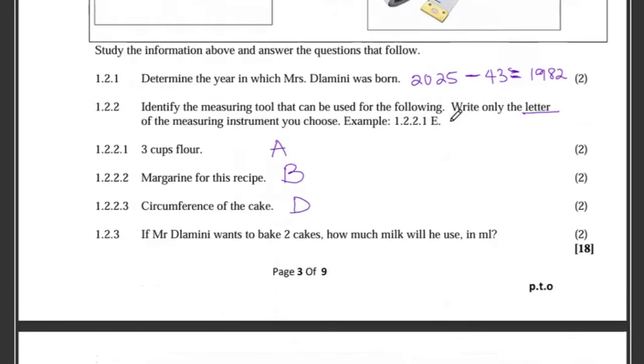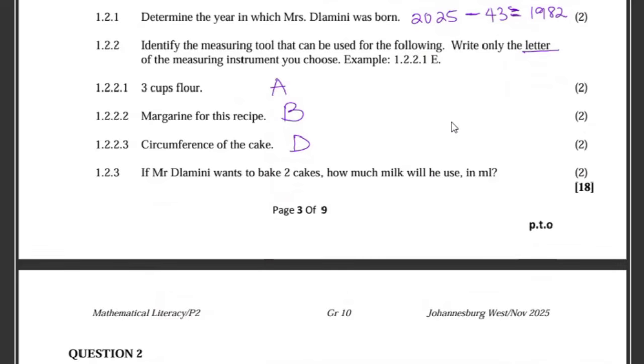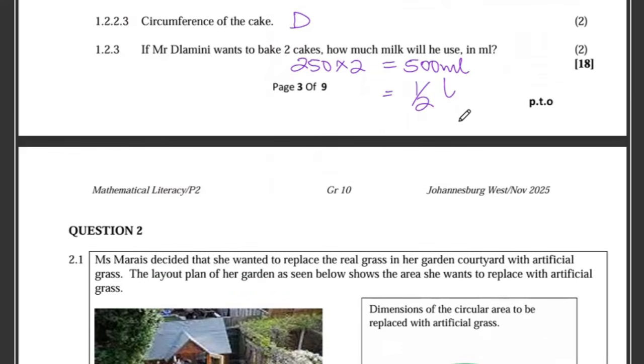What about if there are 2 cakes? That means they need 2 cups. So 250 times 2, and the answer will become 500 mils, which is approximately half a liter. That marks the end of question number 1.